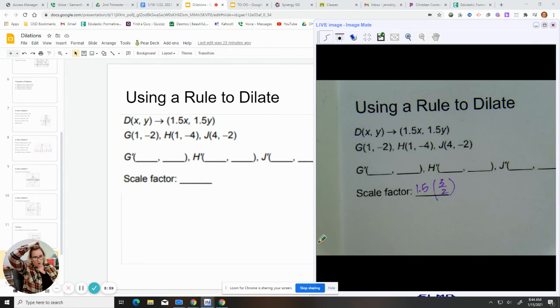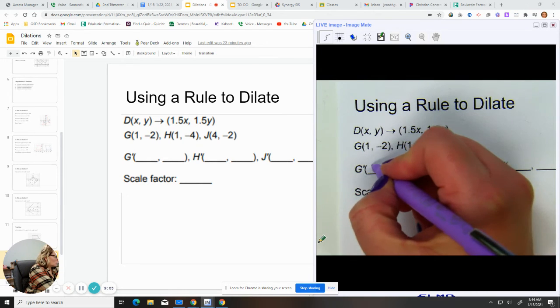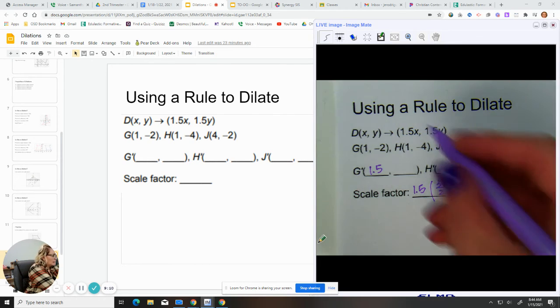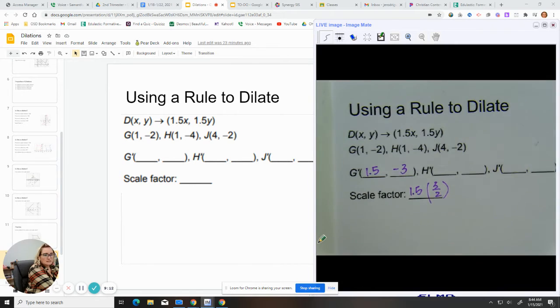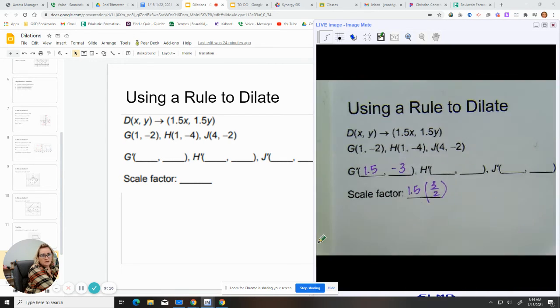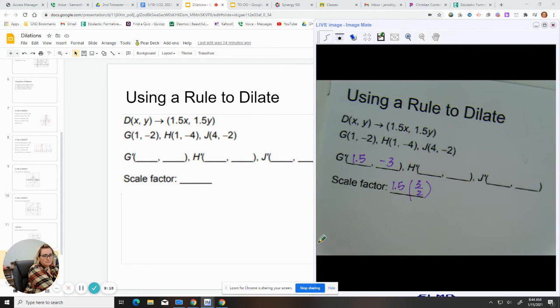Okay, so 1 times 1.5 is 1.5. -2 times 1.5 is -3. So that means the new point from the original is going to be 1.5, -3.